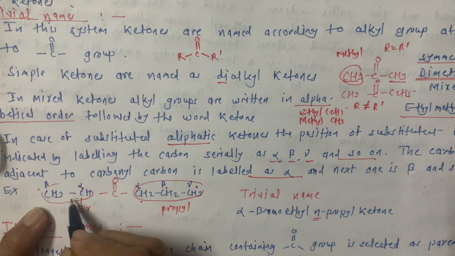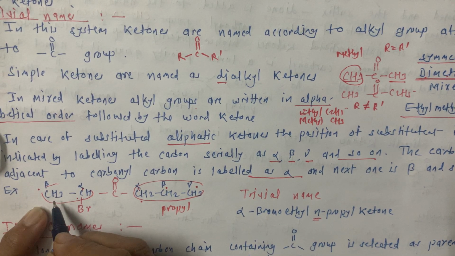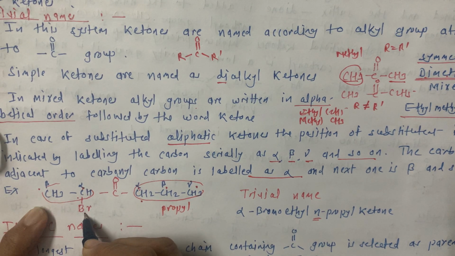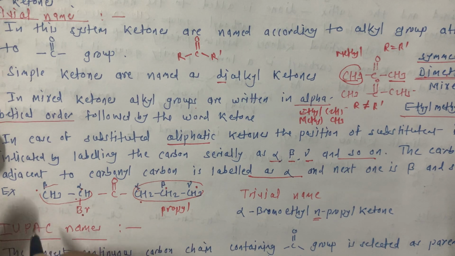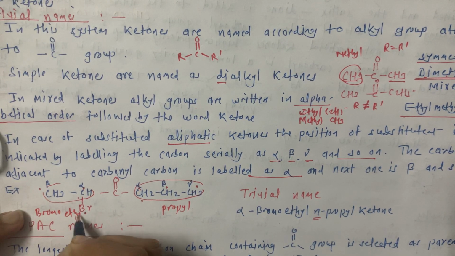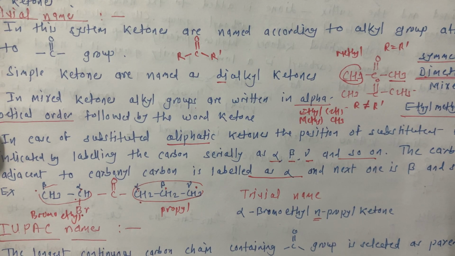What is this? Only 2 carbons, so this is ethyl group, and again on that ethyl there is substituent bromine. So this part is known as bromoethyl group. Okay. Now here we have to write them according to alphabetical order.